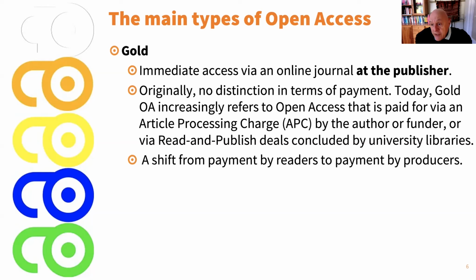Now those payments shift to payment by producers, and we will see in a bit that this creates other inequities, because producers are not always able to pay for these article processing charges. So that's gold open access.